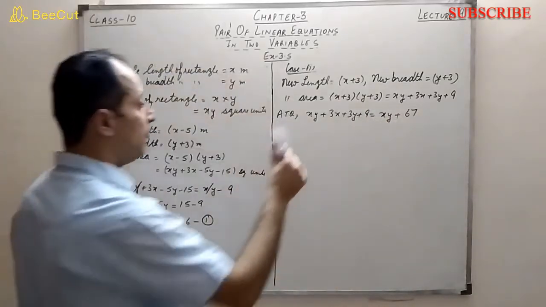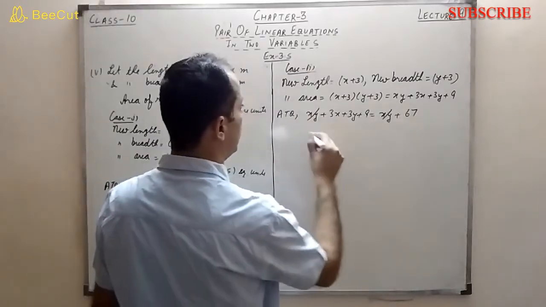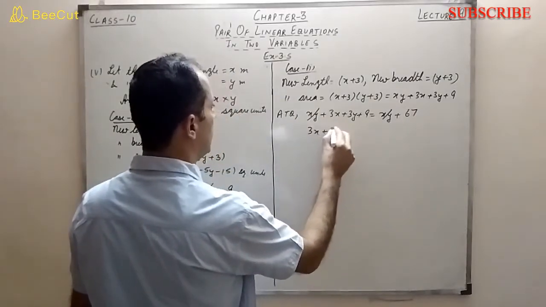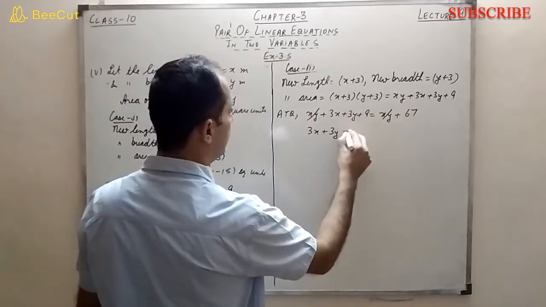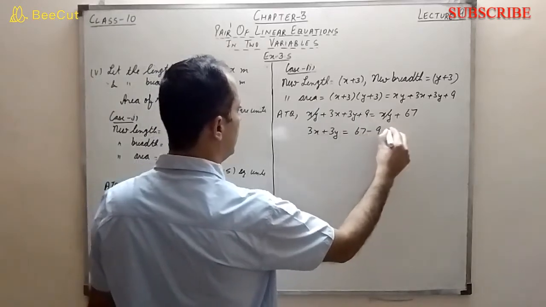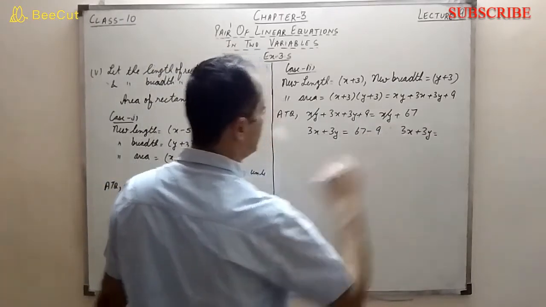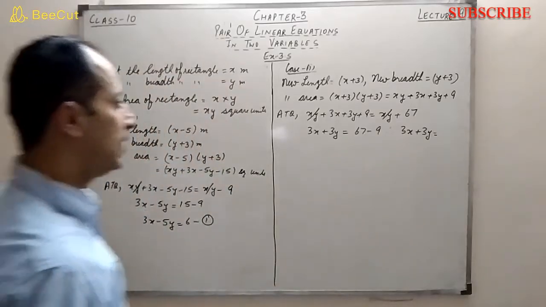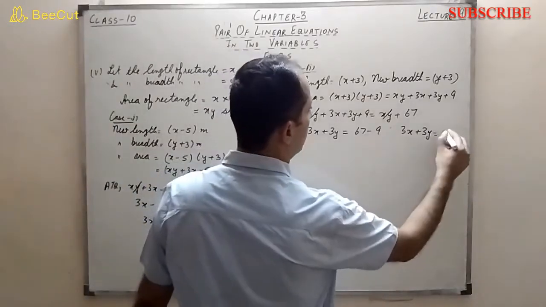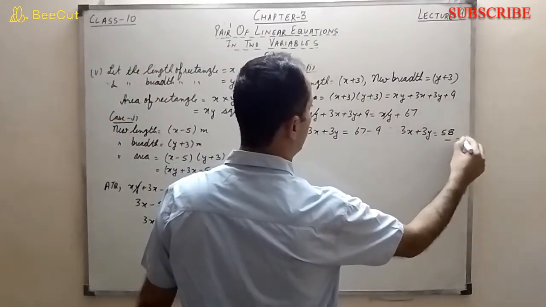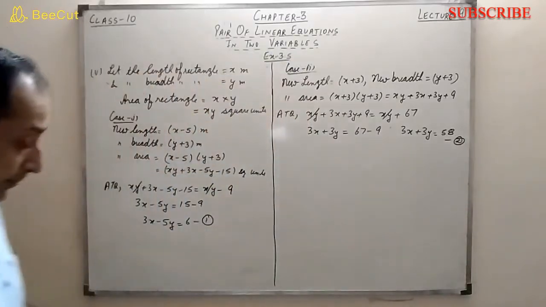We can cancel out this xy, and then we have 3x plus 3y. I shift 9 to that side, so this is 67 minus 9. Therefore 3x plus 3y equals 58. So this is my second equation.